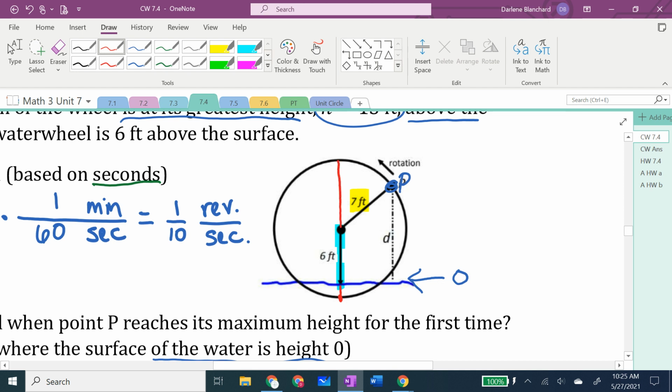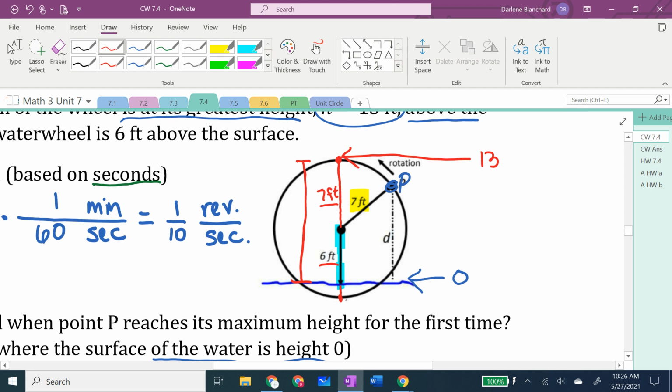And then if I take the radius that is 7 feet and I draw that radius vertically, can you see that the distance above the water is 7 plus 6? So that means my high point is considered position 13.